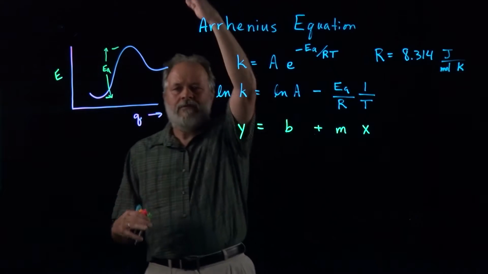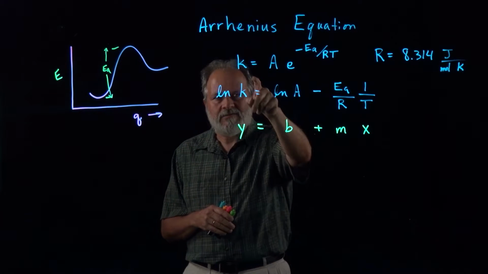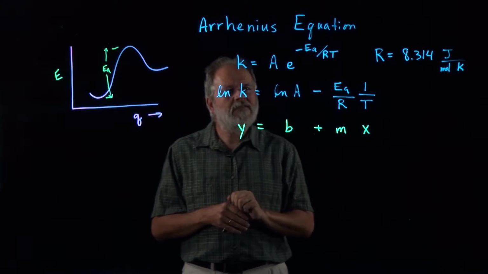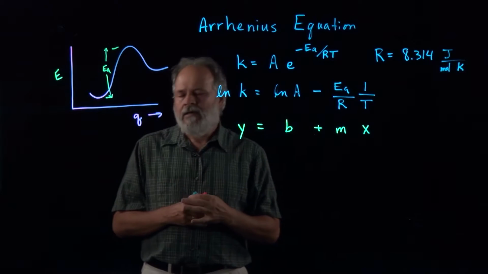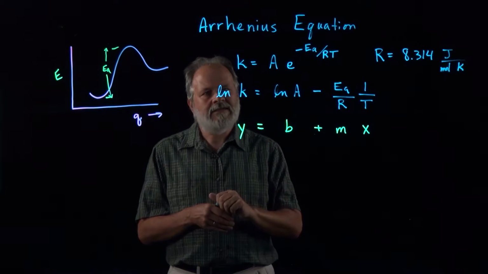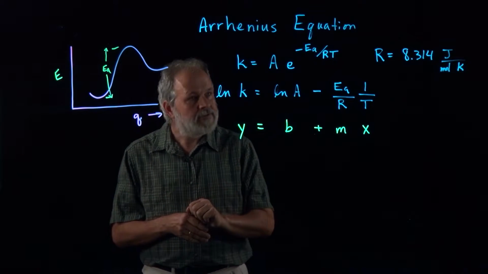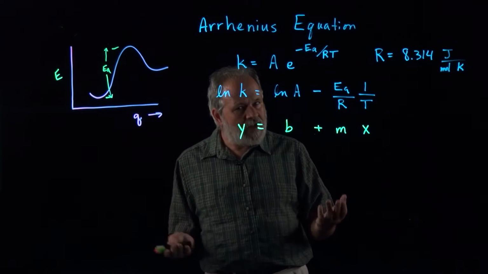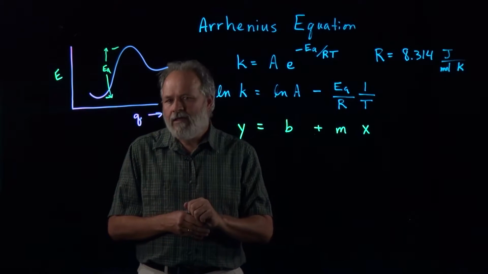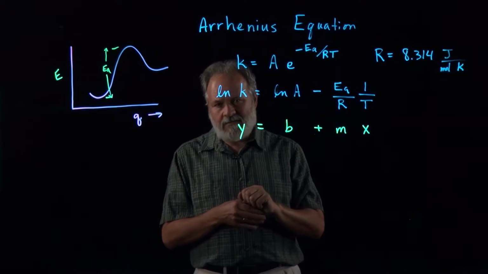So the higher the barrier, the smaller k is going to be. The other thing you can see is that the higher the temperature, then k is going to be much larger. Okay, so chemical reactions go much faster at higher temperatures, and they go much faster with lower activation energies.